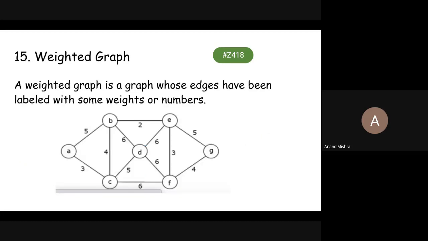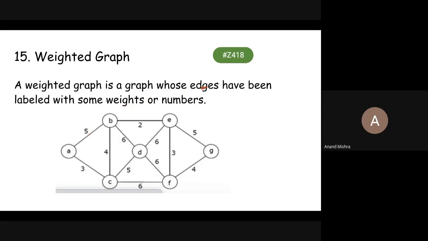Next, weighted graph. Okay. So sometimes there is importance of weight, right? For example, let's say the nodes represent cities, then these weights may be representing distance, or maybe the liters of fuel or petrol you burn traveling from A to B. So this can be different things, but in such cases, the weights also are important.